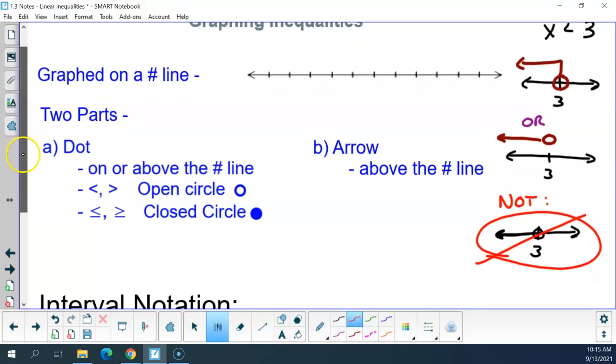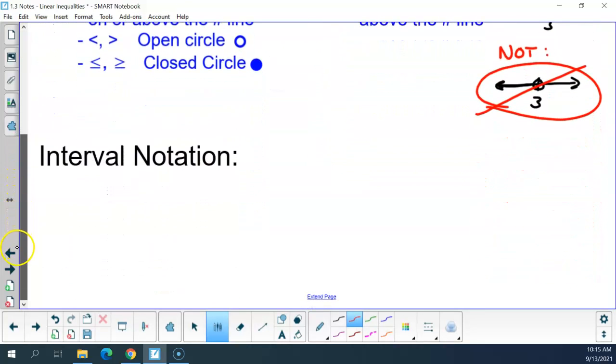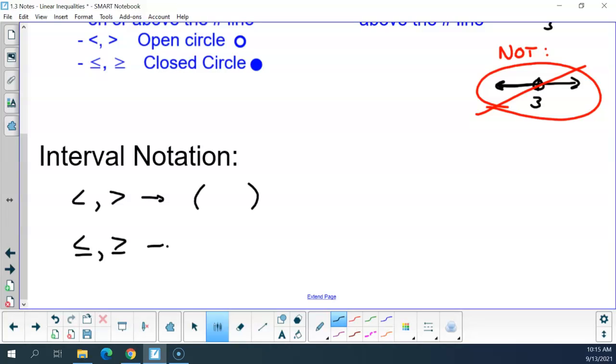Then the other part is interval notation for that same thing. With interval notation, when we have less than or greater than, we use parentheses next to that numeric value. When it's the equals component, we change those parentheses to brackets.